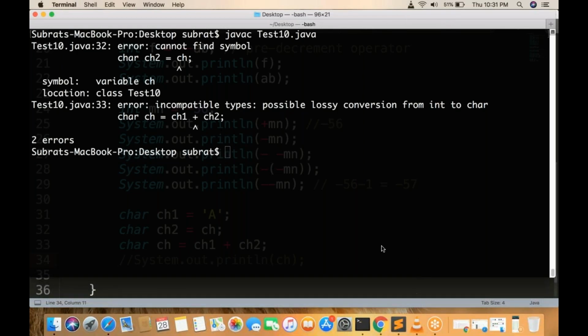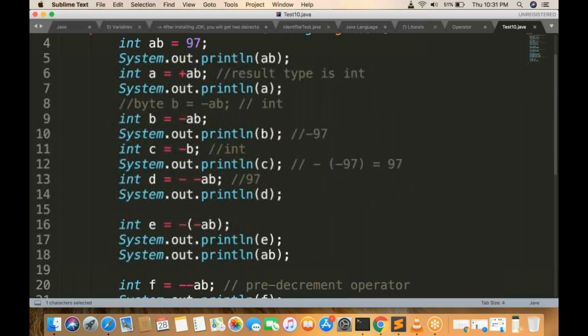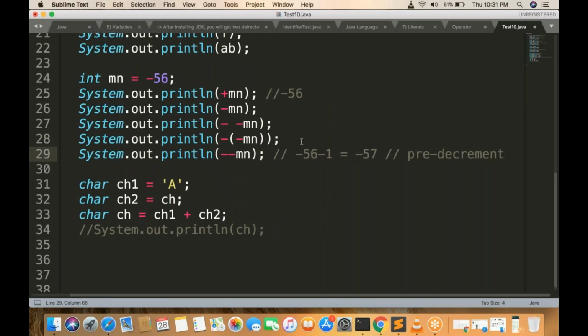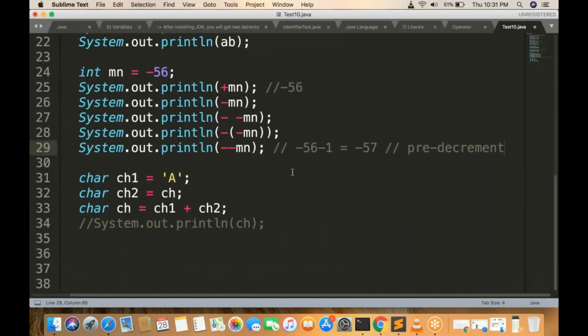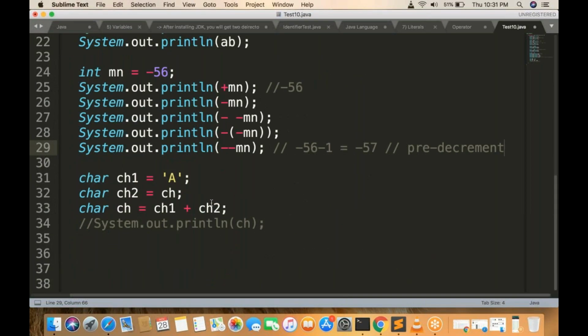Clear? So remember this. Now we are using which operator? Remember, it's a binary operator. All those operators we used earlier, see here, it is a pre-decrement. Apart from pre-decrement, we have used unary operators everywhere, correct or not?